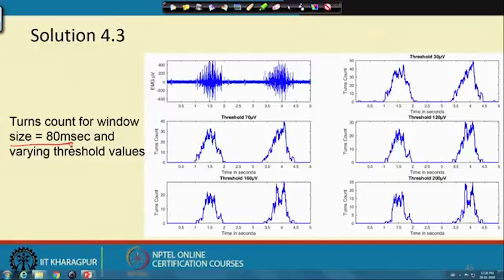If we change the time window, then what we find is each of these signals becomes much more smooth, and because the time window is increased, we are integrating over more time. So, the total count, if you see that it was a little above 30, has now gone up to 50.